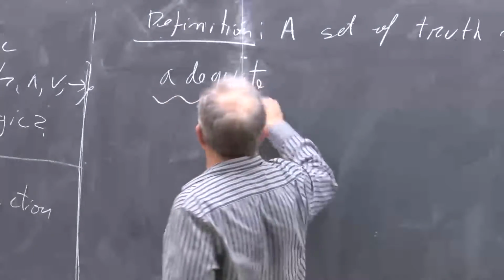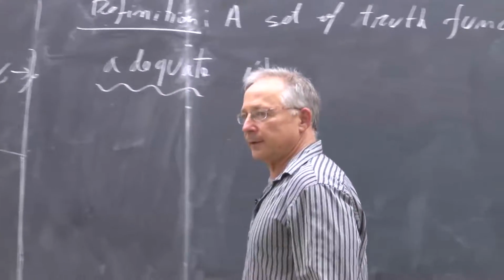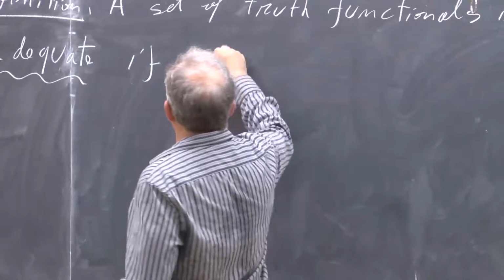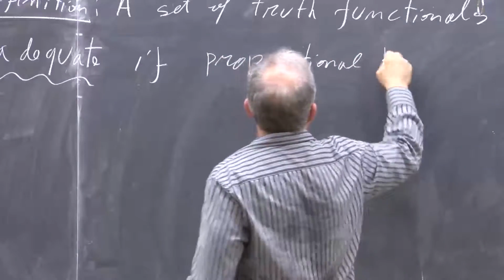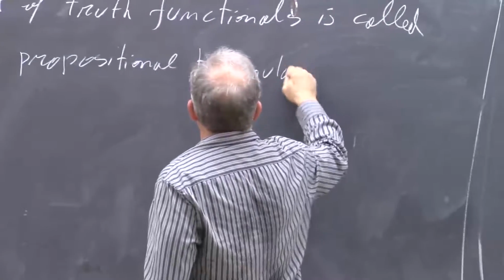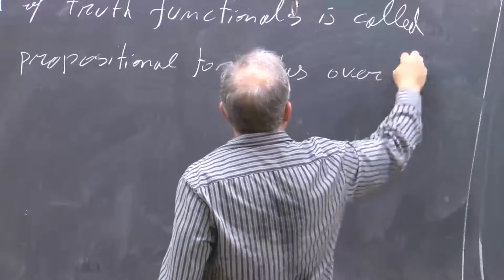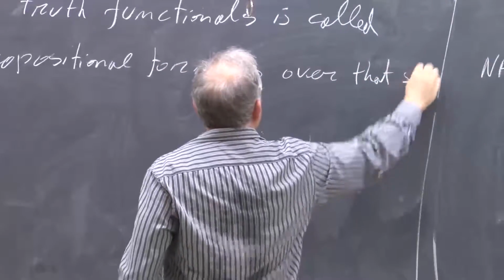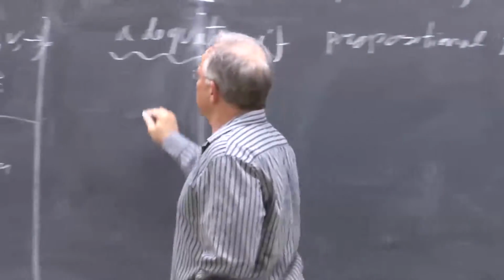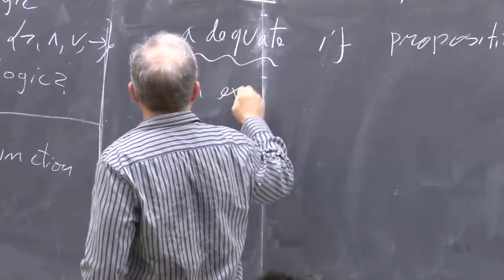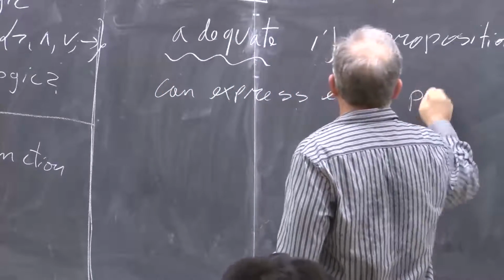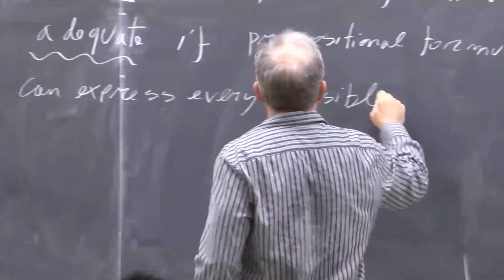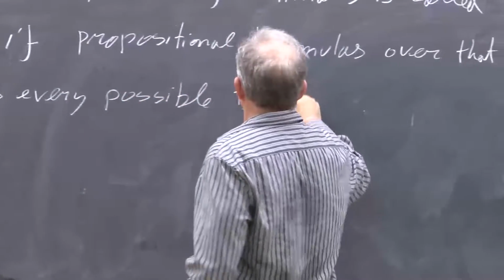It's called adequate if propositional formulas over that set can express every possible truth functional.